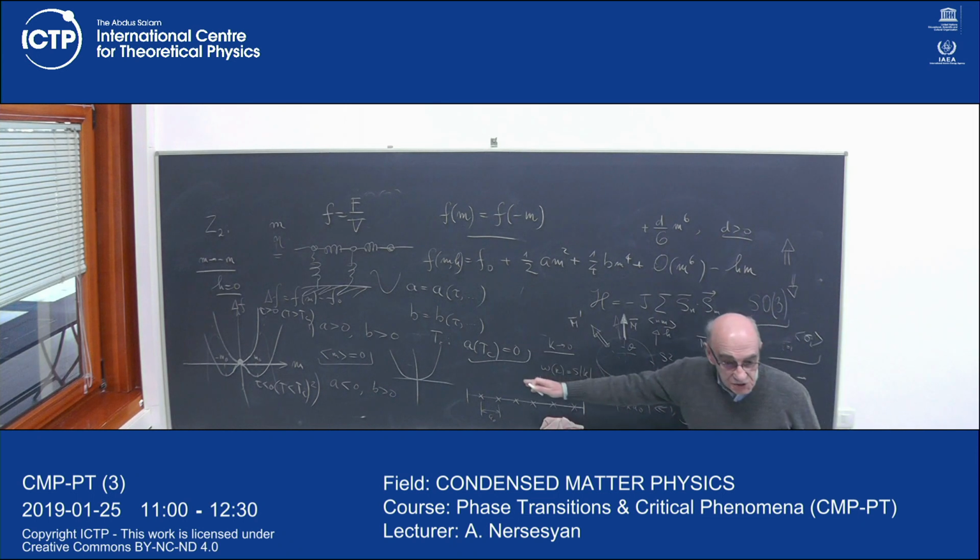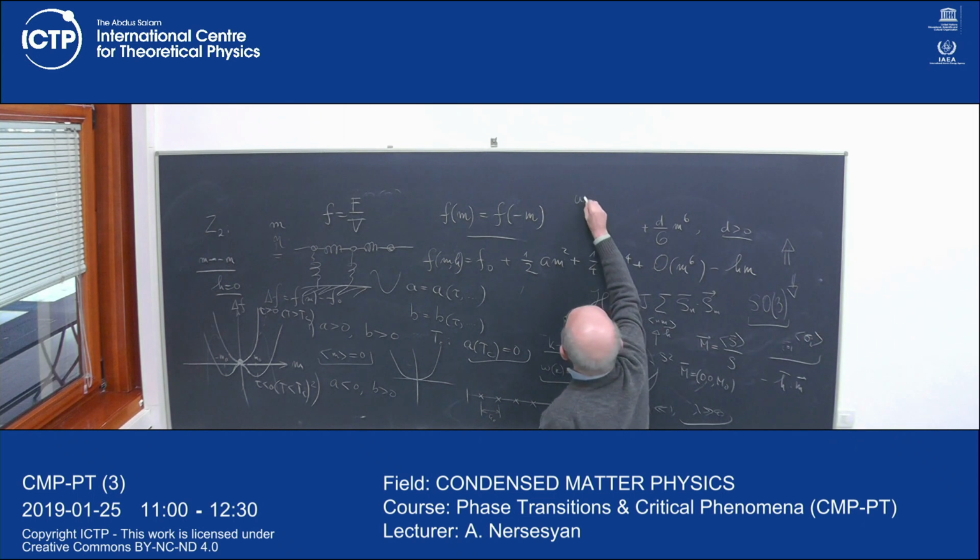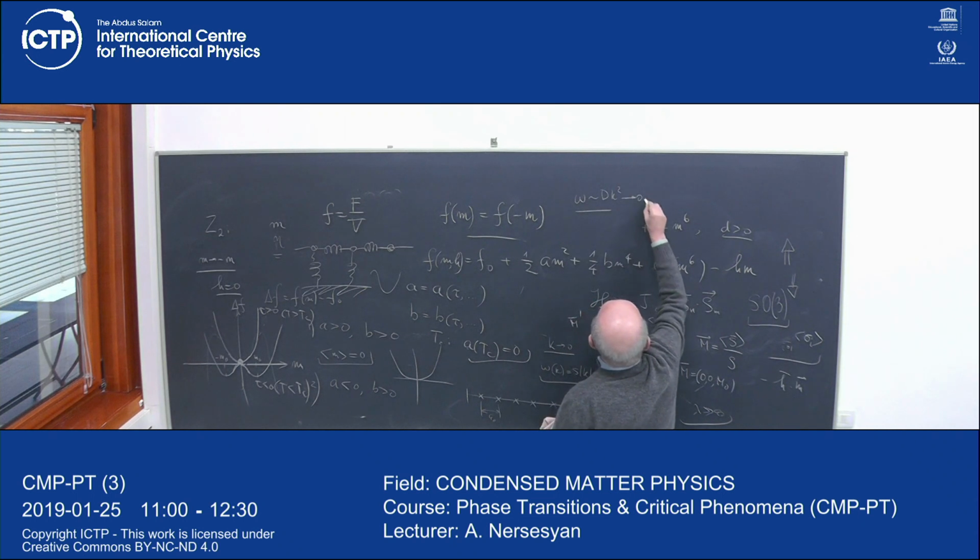Instead of translations, here we have rotations. So we have to rotate all the spins, all the moments, by an infinitesimally small angle. And I have to know the excitation energy. For ferromagnets, the excitation energy goes like this. It again goes to 0 when k goes to 0.